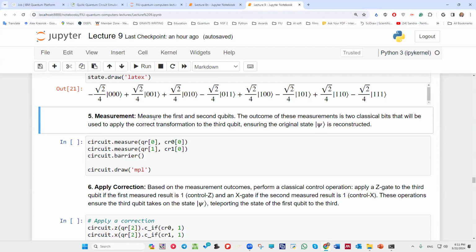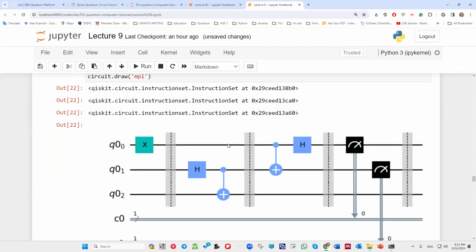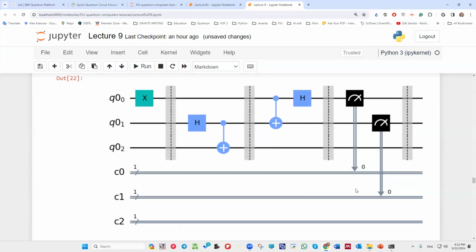Namely, the stage 5 measurements. So she measures the qubit 0 and qubit 1, so basically the qubits on her side, okay? And as a result of this measurement, she records this result to the classical register 0 and 1, here and here.